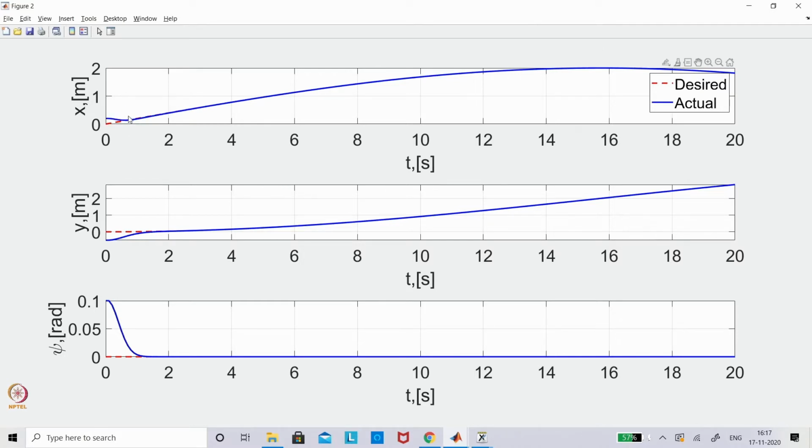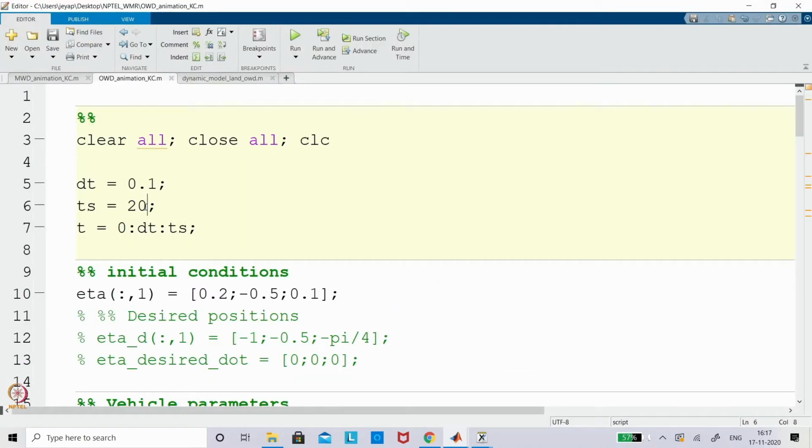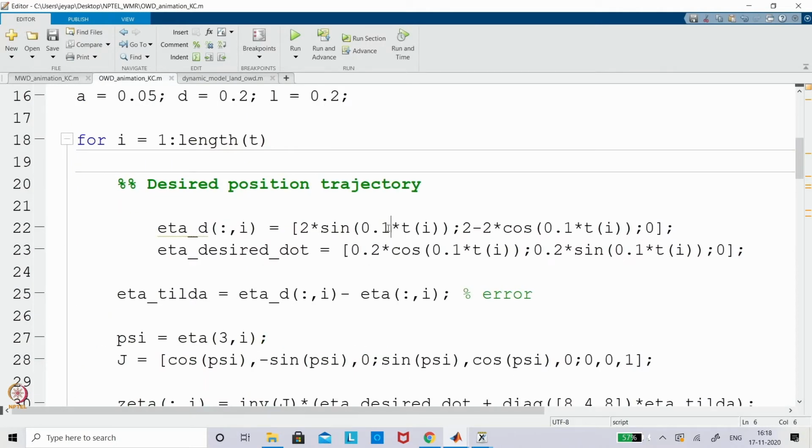You can see that within less than probably 1 second it reached and is trying to converge. Similarly the second one, the y axis, started at minus 0.5 but is supposed to start from 0, and it takes some time to converge, and similarly psi. Now to give a little more clarity, I will run only 20 seconds, but I am going to increase the speed because here we do not have any restriction.